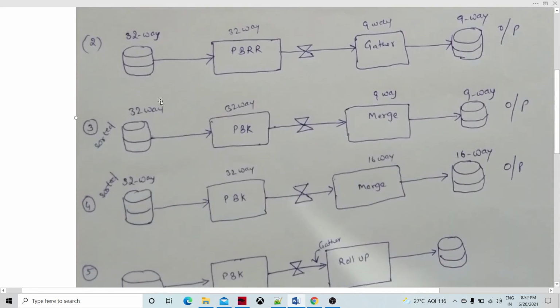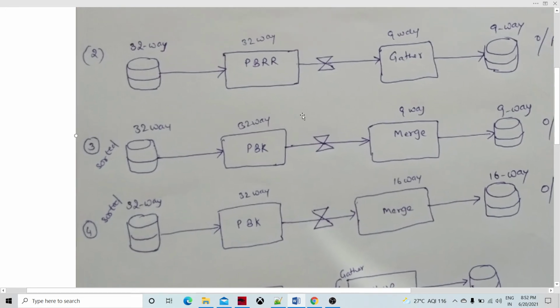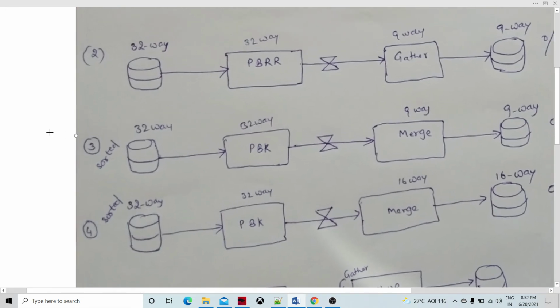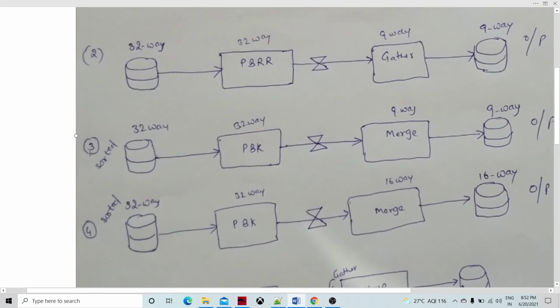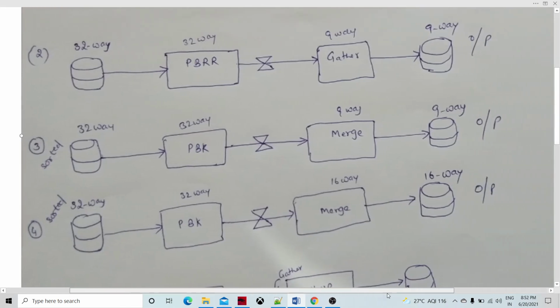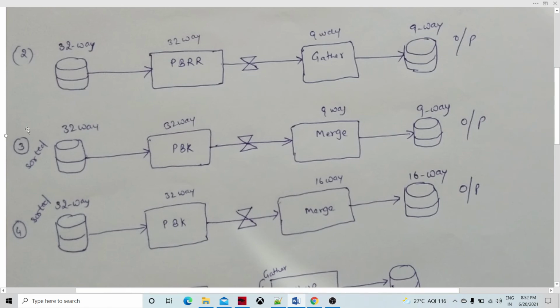Okay, so let's talk about scenario number 2.